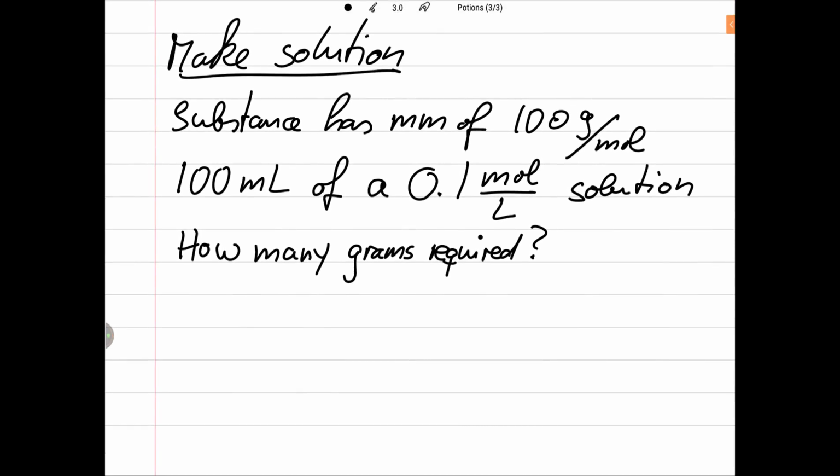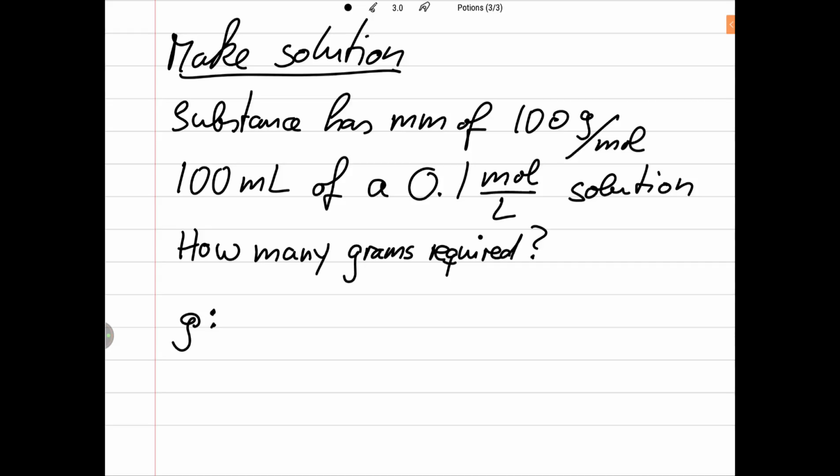So, what is the unit that I'm looking for? Grams. So I write grams down. Do I have anything that has grams in it in my givens? Yeah, 100 grams per mole.